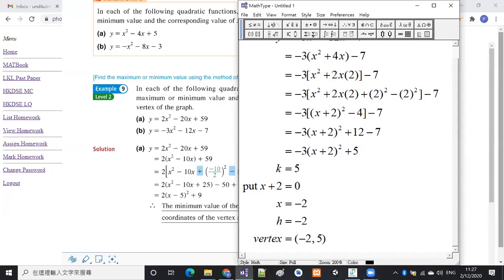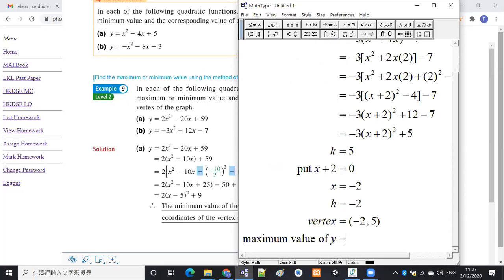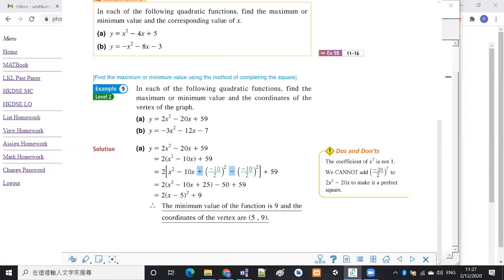And because this time a is negative, the graph opens downwards and we only have a maximum point. So the maximum value of y will be the k value, that is 5. Okay, so that is like this. Now I would like you to do instant rule number 9.